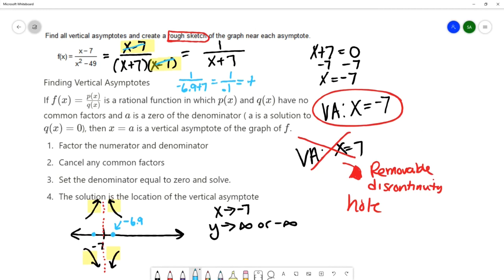A positive divided by a positive is a positive. So that tells me that the positive one I've drawn is correct, and I'm going to get rid of this negative one.